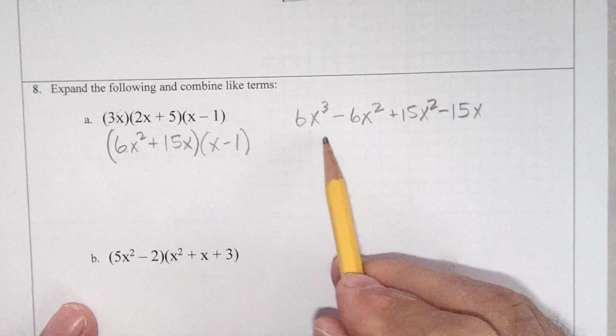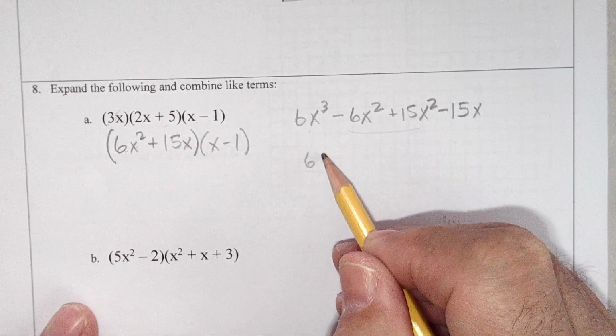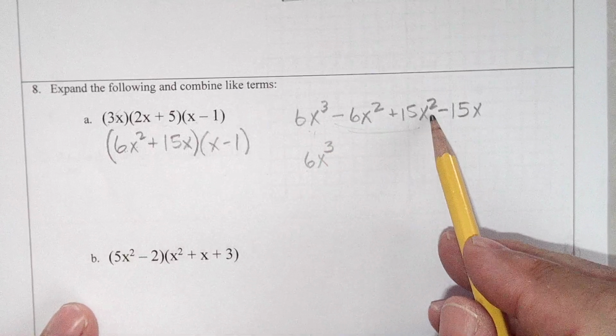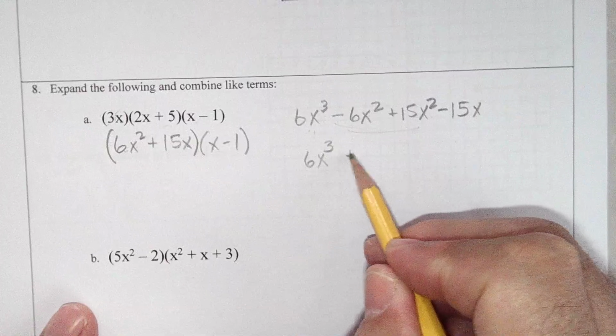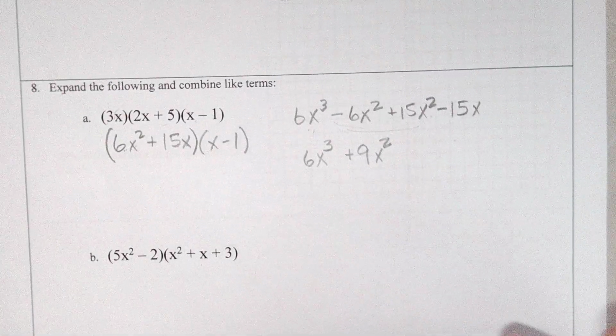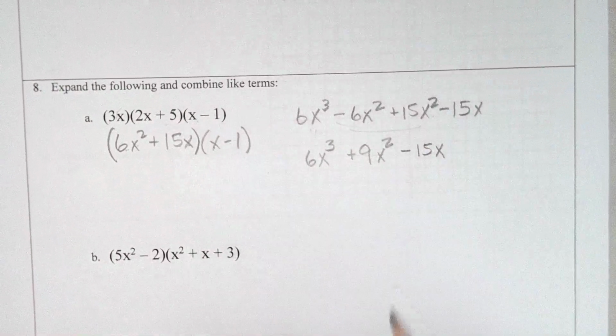So I have, these are like terms, so I can combine them. So I'm going to have a 6x to the third. And here we're going to have plus 9x squared minus 15x.